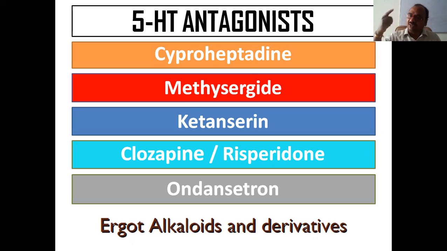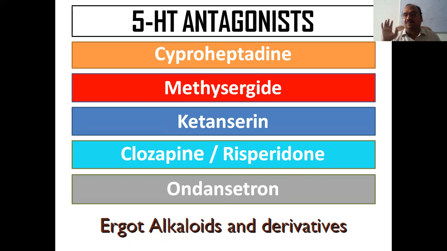Apart from that, ergot alkaloids. See how many there are: 1, 2, 3, 4, 5, 6, 7. Total 7, keep in your mind. Clozapine and risperidone show almost similar effects, that's why I have put them in only one line.